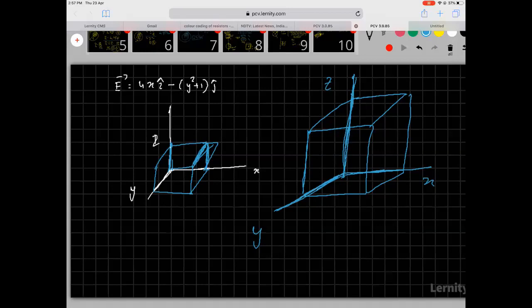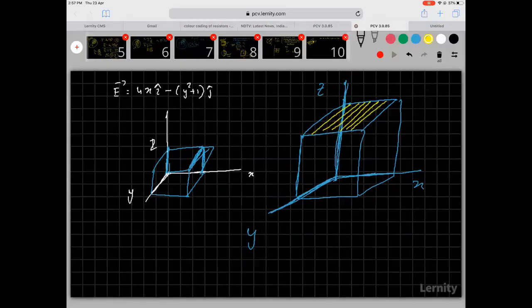Now I told you that flux 1 is the flux on this surface. So how do I find it out? Flux is equal to E dot dA. Now the area vector is perpendicular to this. Do you see that the area vector will be like this? So it is parallel to the z-axis, so that area vector will be k cap.